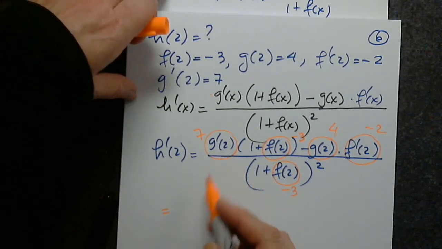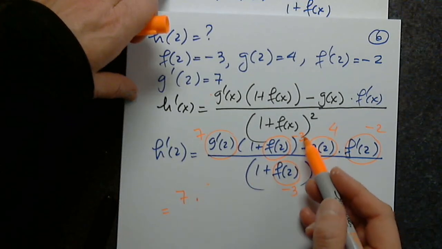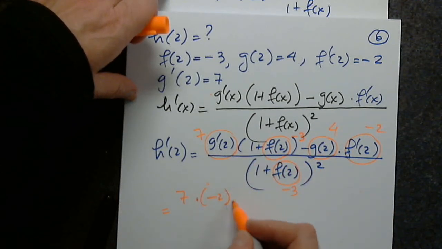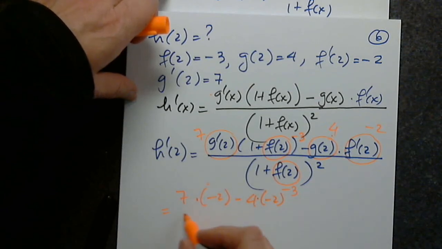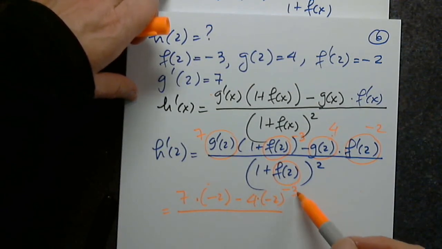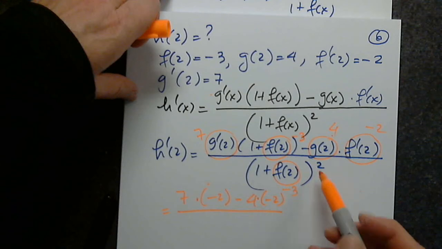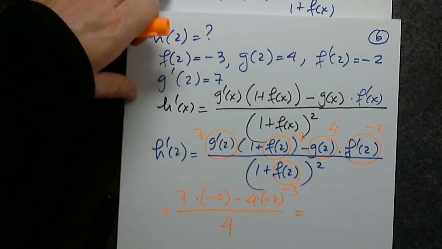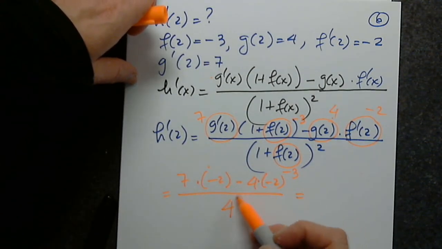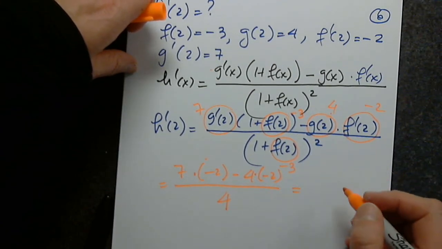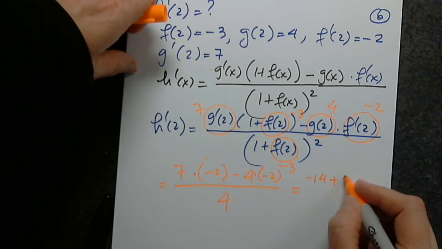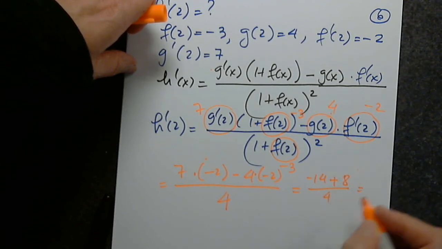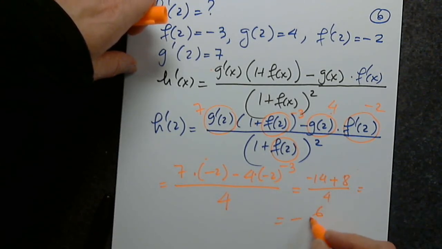So then this is 7 times (1 minus 3), minus 4 times -2, and everything over (1 minus 3), which is -2, squared, which is 4. Do not attempt to simplify 4 with 4, please. So we have -14 plus 8 divided by 4. -6 over 4, or -3/2.